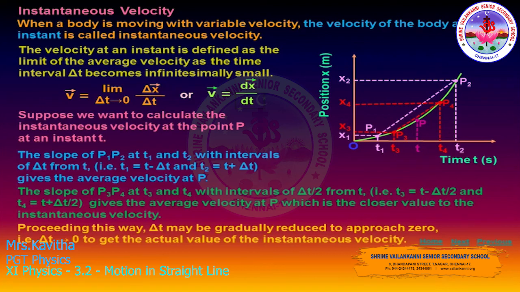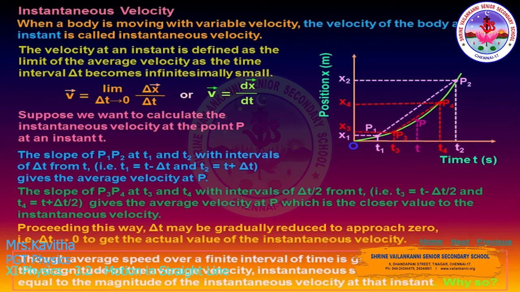See, the points which we choose are very important. Proceeding this way, del t is gradually reduced to approach 0, to get the actual value of the instantaneous velocity.